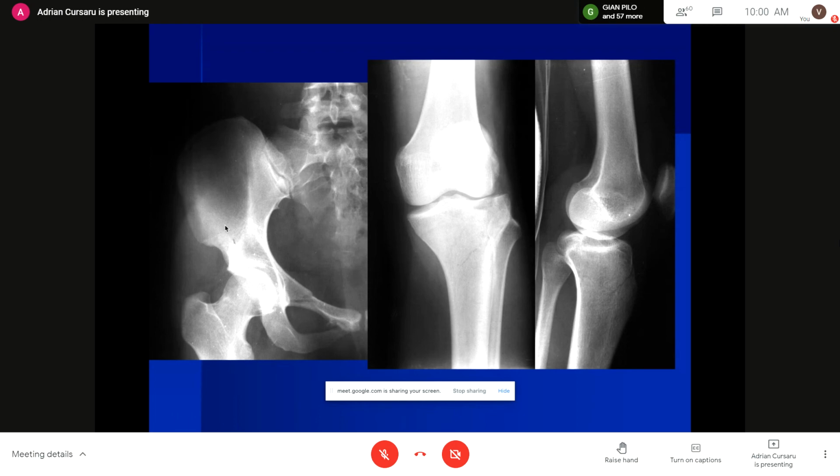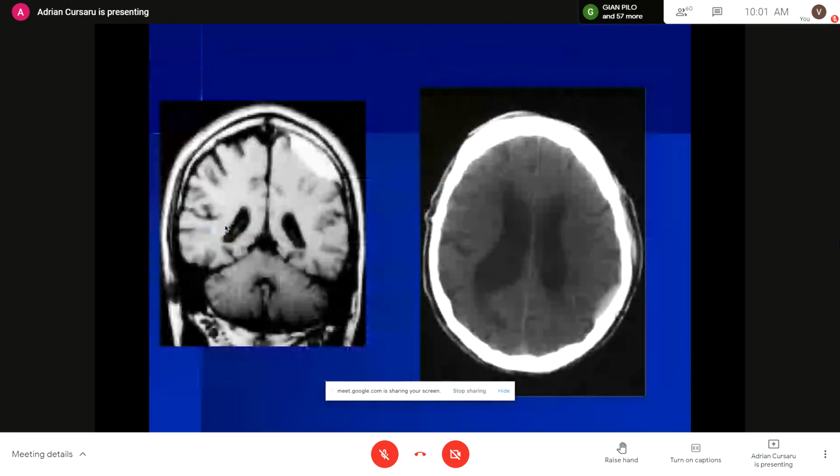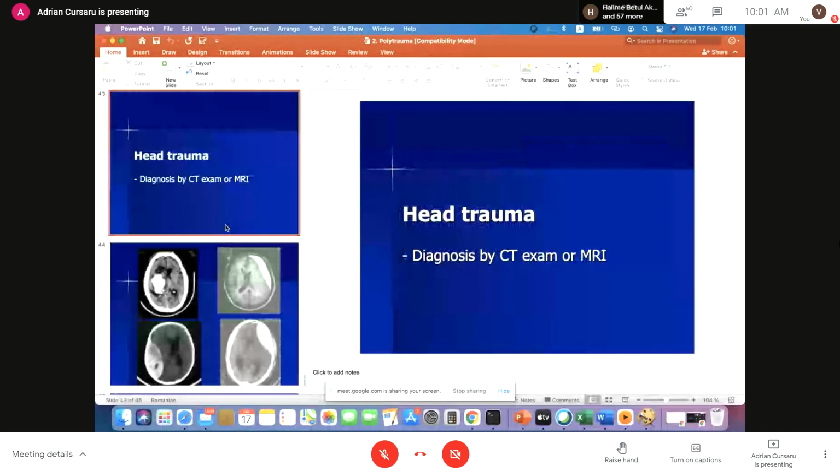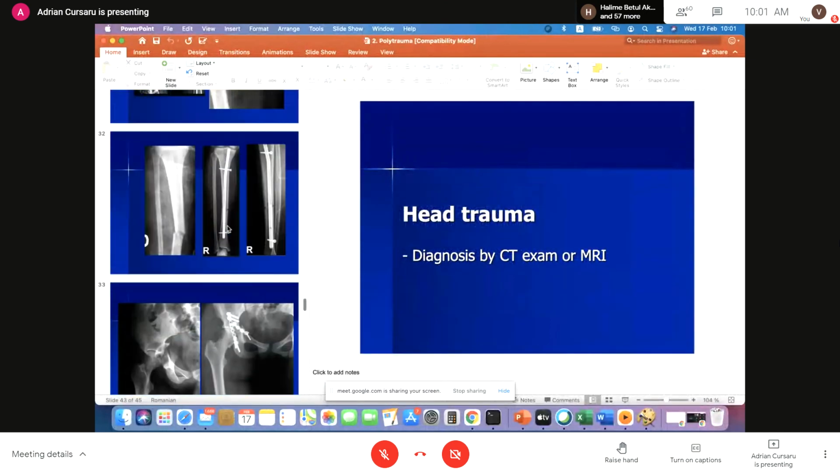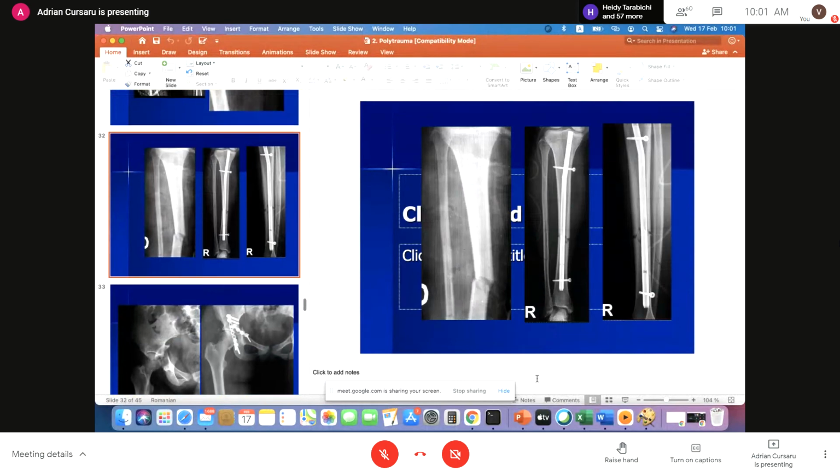For example, for that type of tibia fracture, okay, that's the slide.